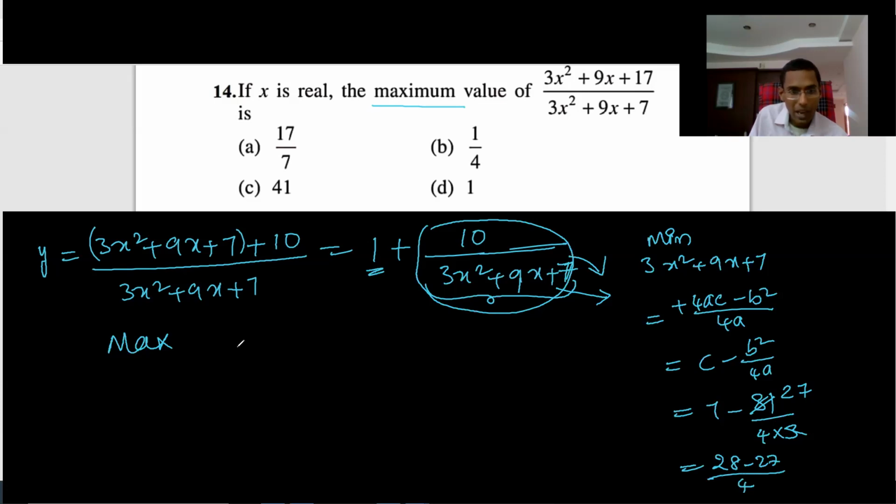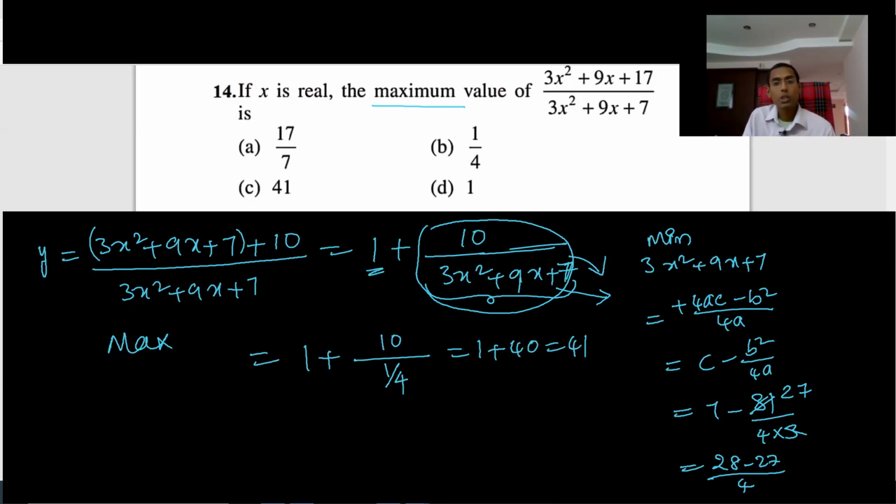So the minimum of the denominator is 1 by 4. Then the maximum value becomes 1 plus 10 divided by 1 by 4, which is 1 plus 40. Simply, you can do this question this way.